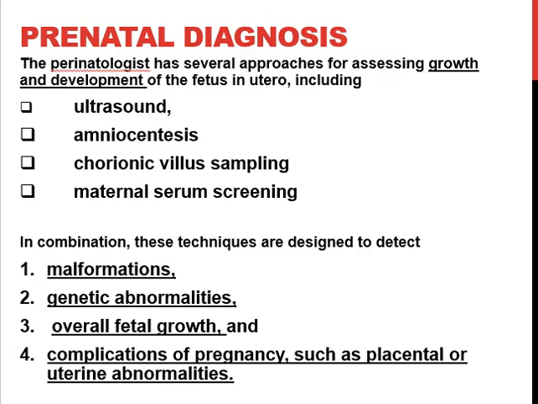So all these techniques we use to detect malformation, genetic abnormalities, fetal growth, and to see the complications of pregnancy such as placental or uterine abnormalities. Now we will discuss these one by one.